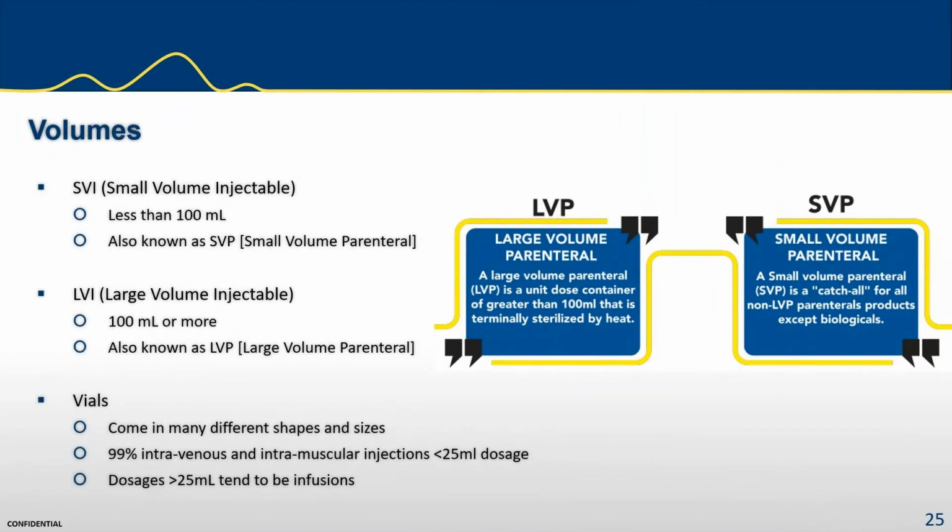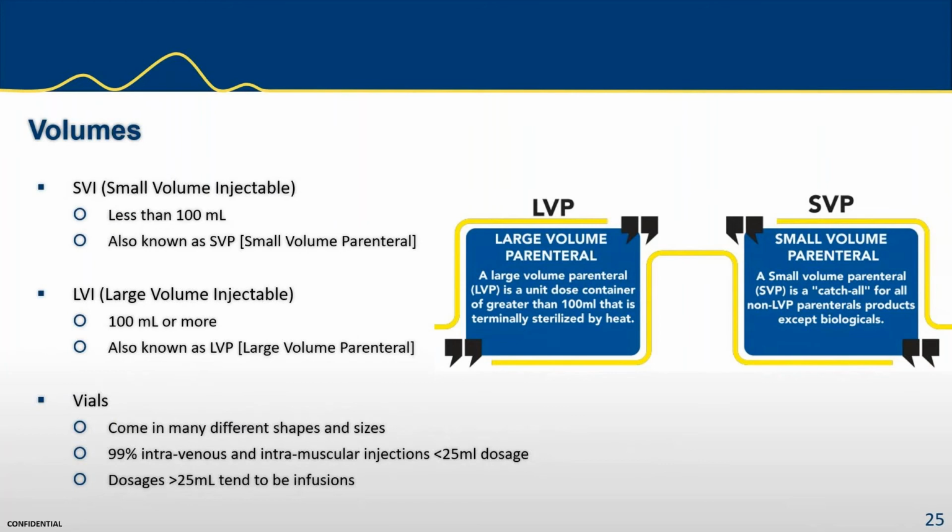So let's talk a little about volumes. A large volume parenteral, the LVP, is a unit dose container with a volume greater than 100 milliliters. A small volume parenteral, an SVP, is a catch-all for all non-LVP parenterals. It's important to understand the differences between SVP and LVP, small volume and large volume parenterals.